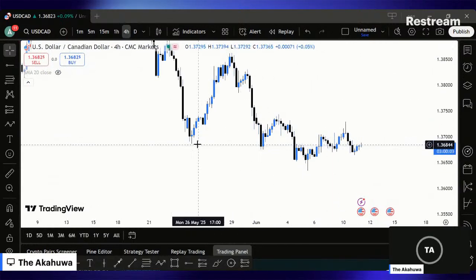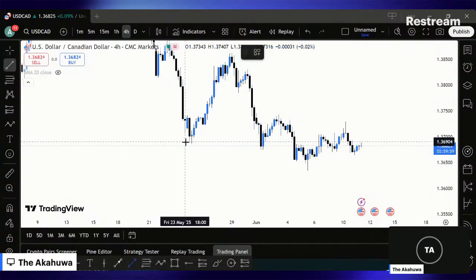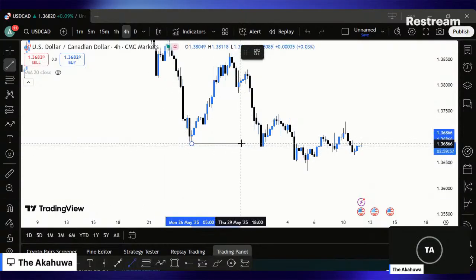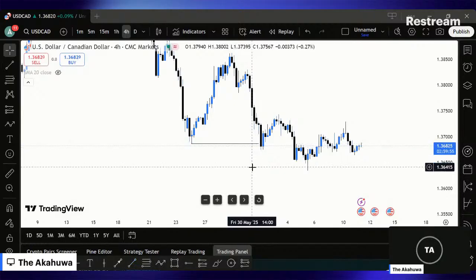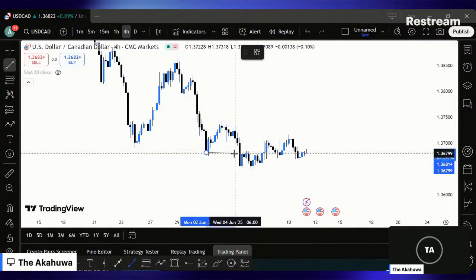Let's start looking at what we have based on structure. We have this break of structure to the downside, broke a little, and this one happened.